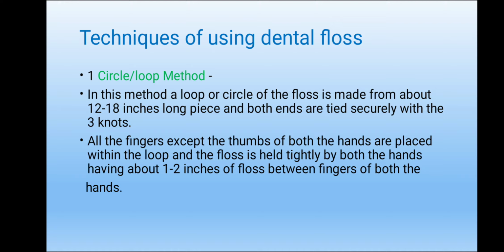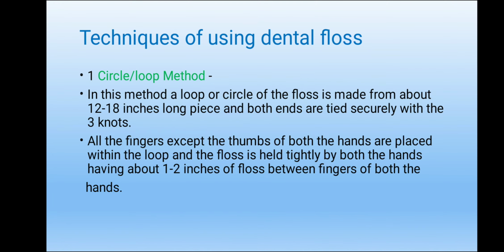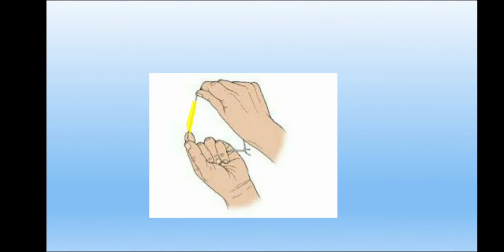Now all the fingers except the thumb of both hands are placed within the loop, as you see in this diagram. Except the thumb, all the fingers are placed within the loop. And the floss is held tightly by both hands, having 1 to 2 inches of floss in between the fingers. And this floss is passed between the teeth and plaque is removed.